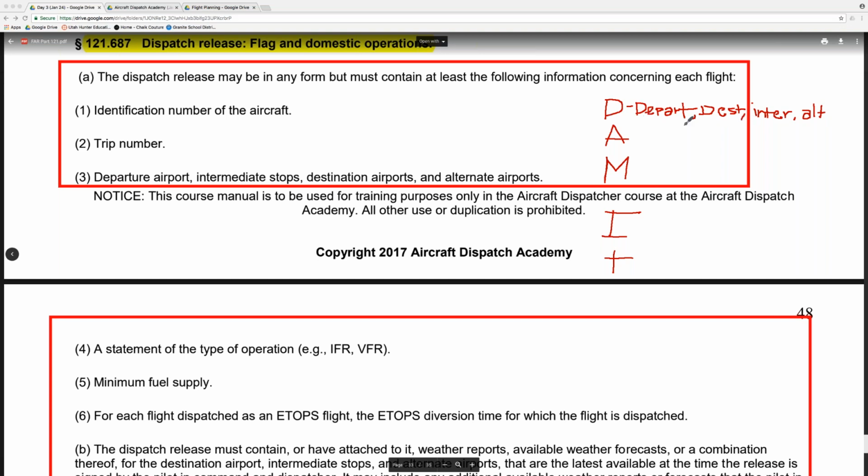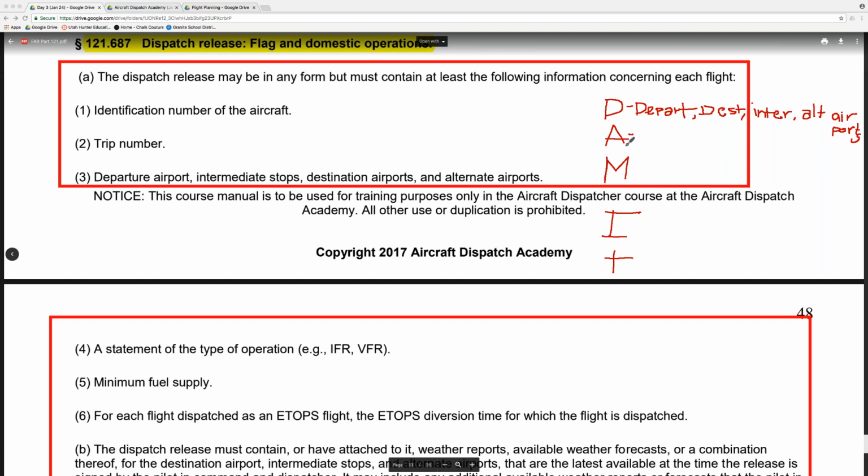So D stands for our departure, destination, intermediate, and alternate airports. Okay, everybody gets the gist of what I'm trying to scratch on there, right?